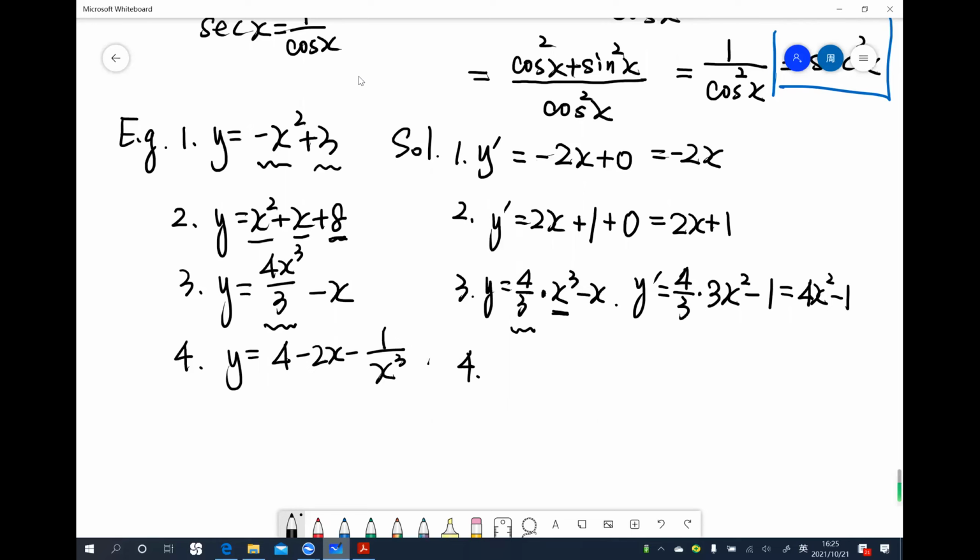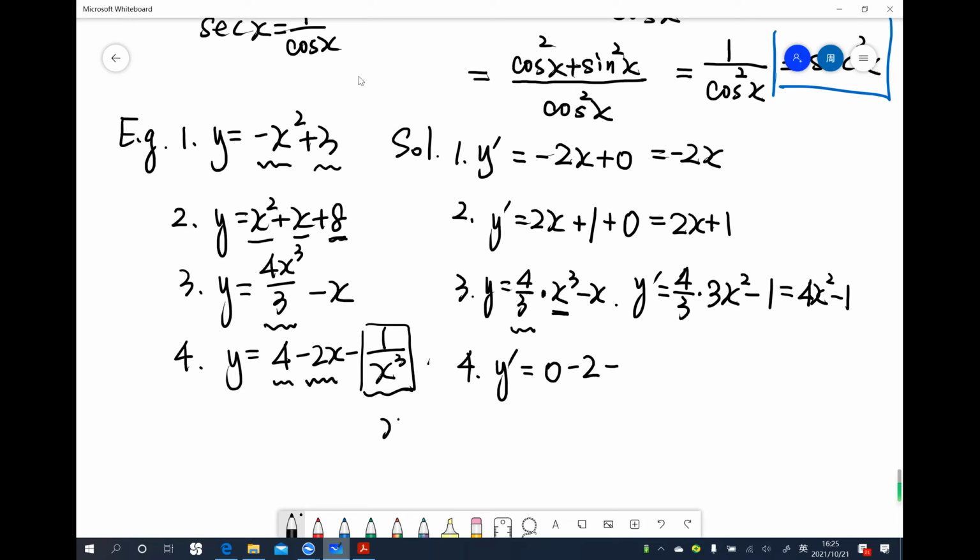And the last one, number 4, y prime equals the first part constant, so 0. The second part minus 2x, so minus 2. And the last part, this part, we have practiced this type of function above, right?